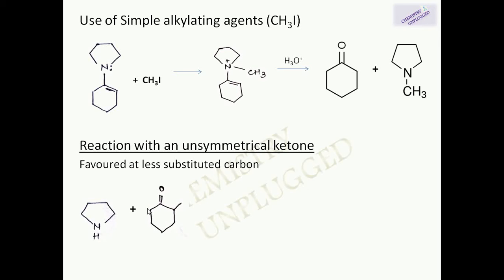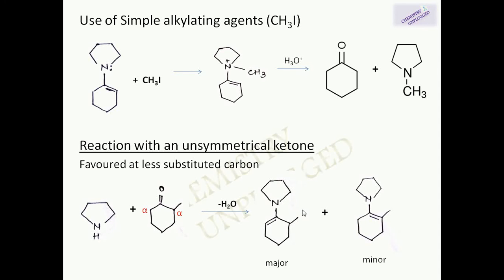So here we are using pyrrolidine again, and we have 2 alpha carbons. After the reaction, we have 2 types of enamines. One has unsaturation here and the other has unsaturation here. So this is the major product and this is the minor.